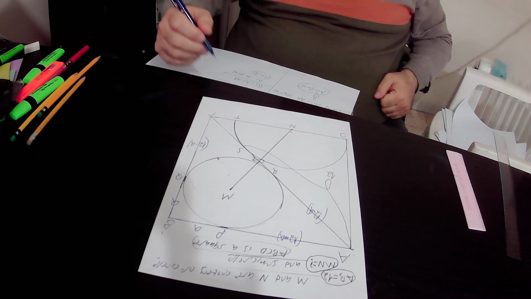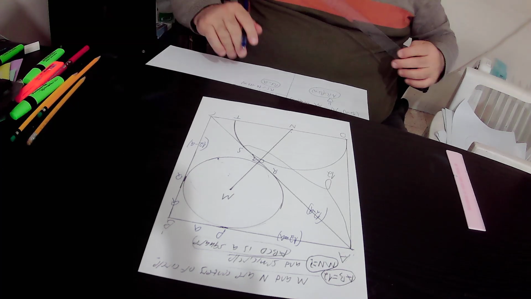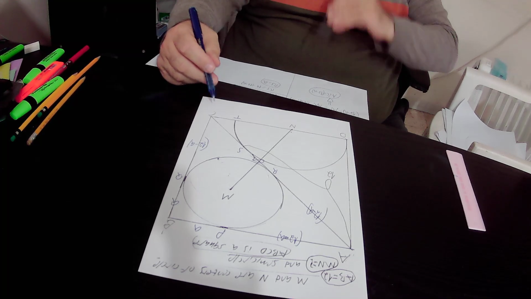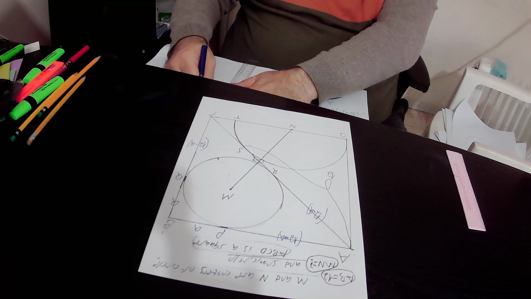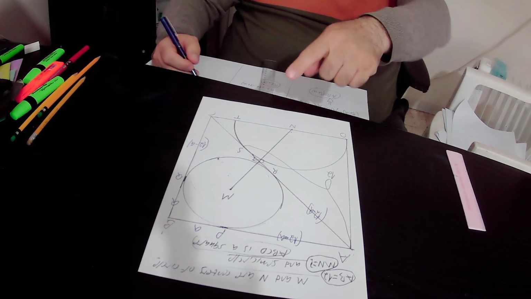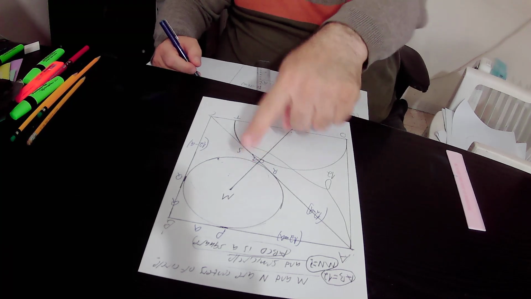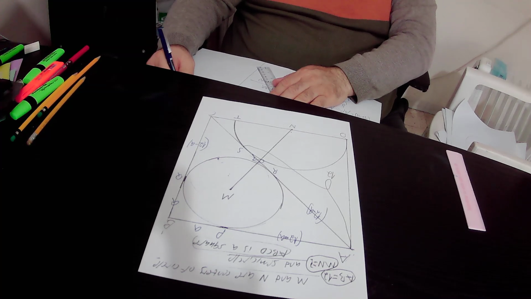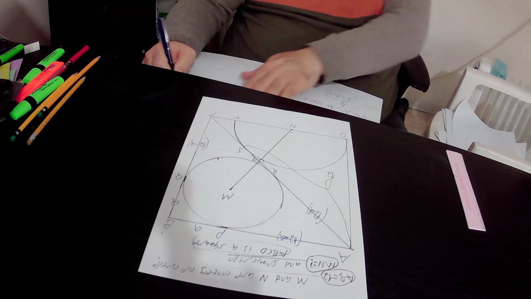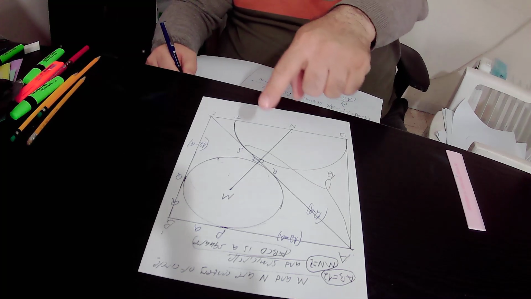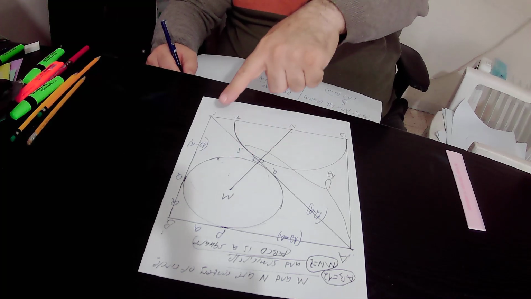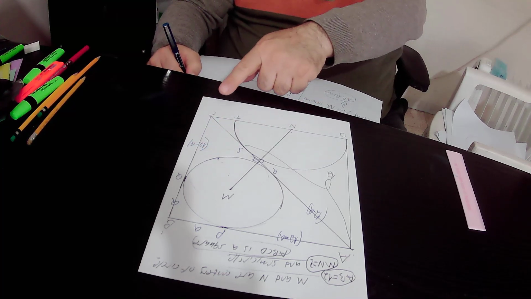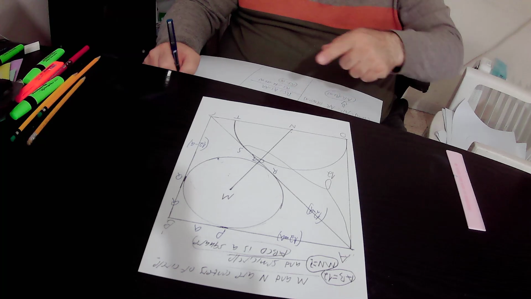In the next step, we will focus on point C, the external point C. Point C is an external point in relation to this circle. From point C, we have two tangents to this circle. The first tangent is tangent CQ, and the second tangent is tangent CR.